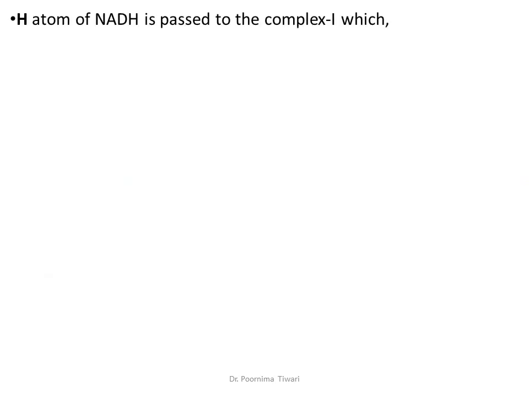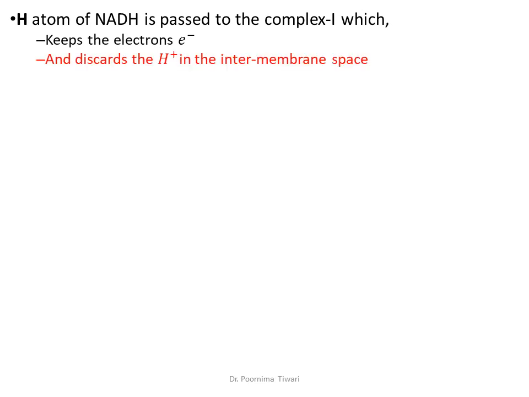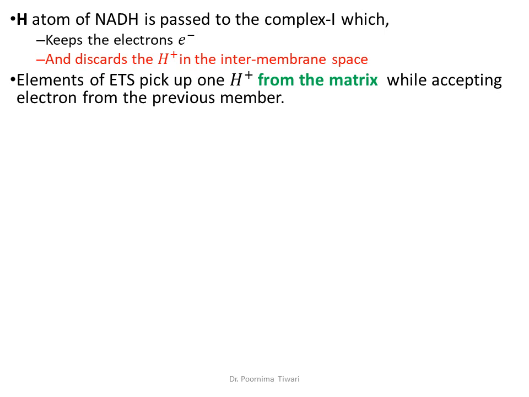The H atom of NADH, that is one proton with its electron, is passed on to complex 1, which keeps the electron and discards the proton, that is H plus, in the intermembrane space. The elements of the electron transport chain, as they receive the electrons, pick up one H ion from the matrix while accepting this electron from the previous member.